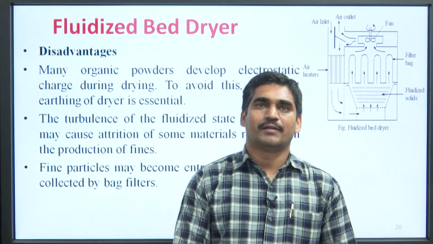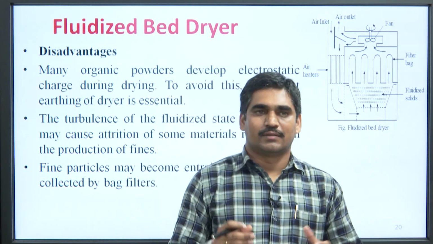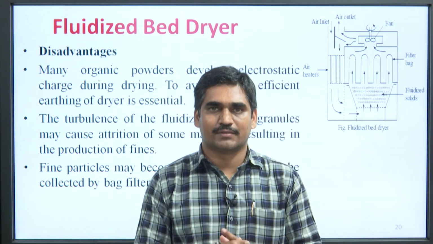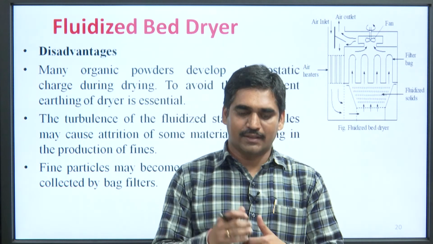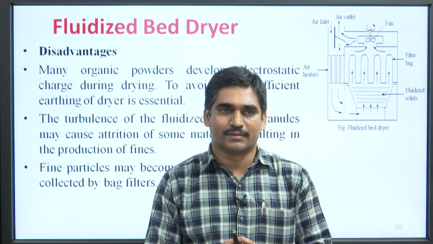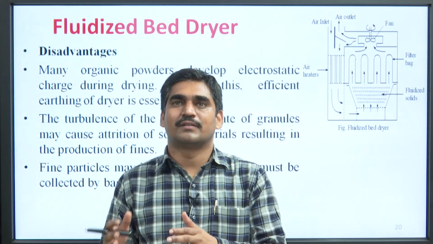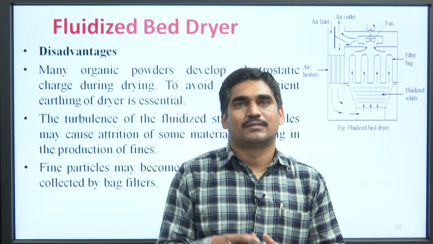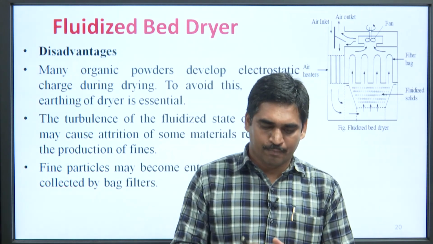Disadvantages of fluidized bed dryer: many organic powders develop electrostatic charges during drying. To avoid this, efficient earthing of the dryer is essential. If earthing is not done, then there are chances that the operating persons can get an electrical shock.